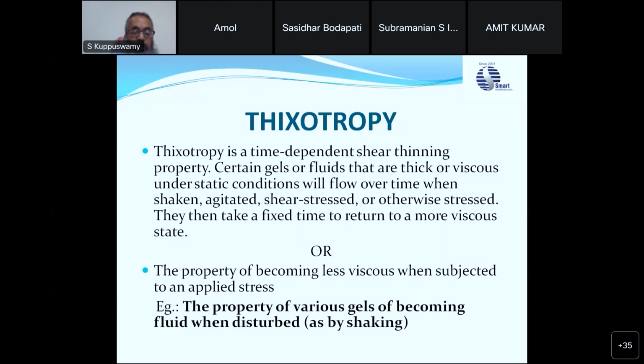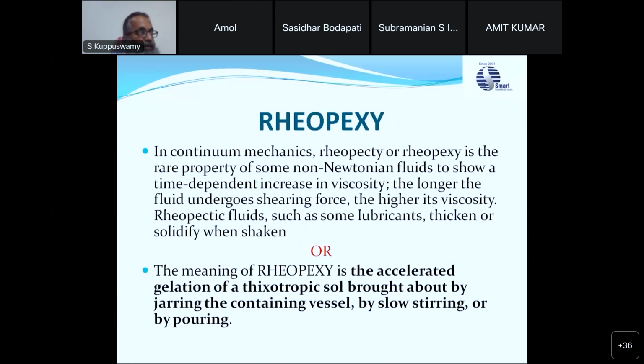So it is called thixotropy. Example, coconut oil in winter becomes thick. When you agitate it, when you shake it, it will become liquid. After some time, when you leave it untouched, it becomes hard again, right? That property is thixotropy. Yes.